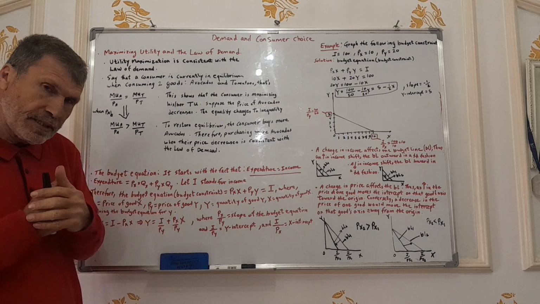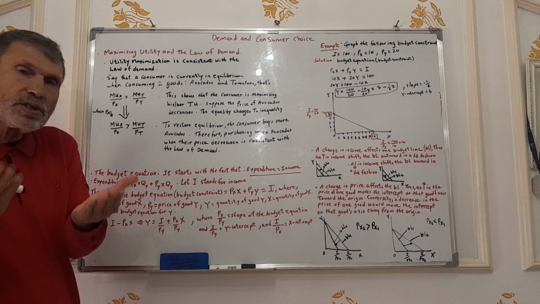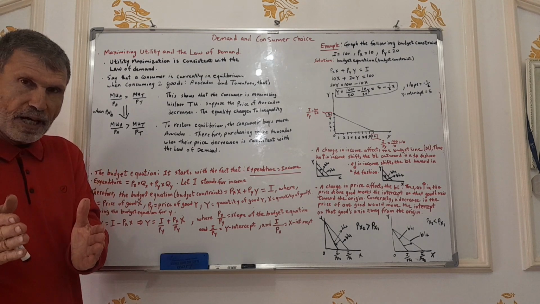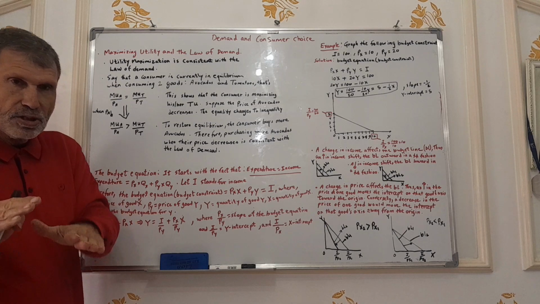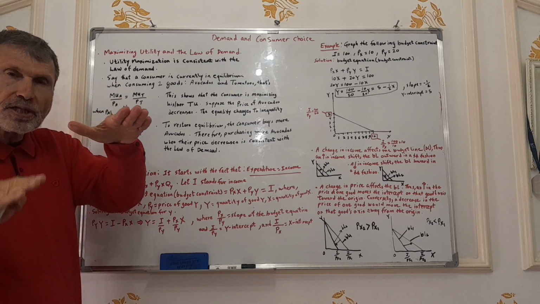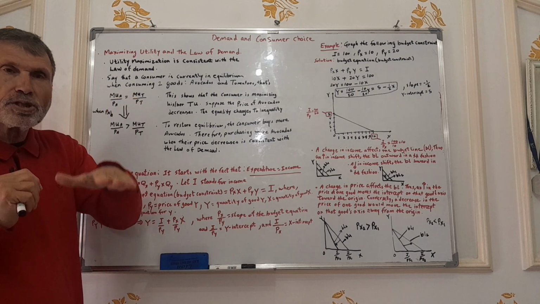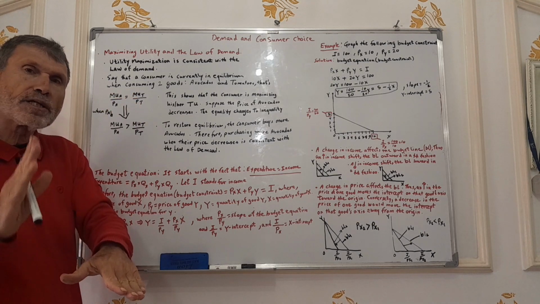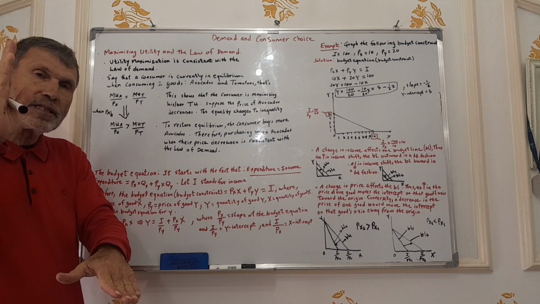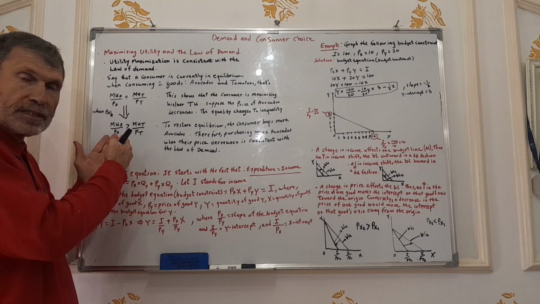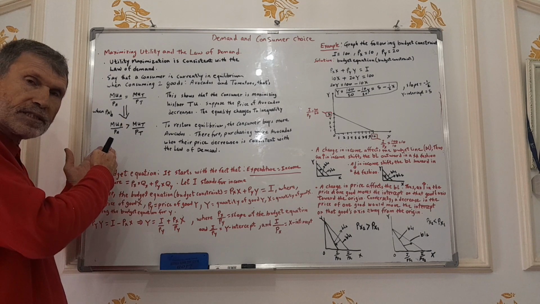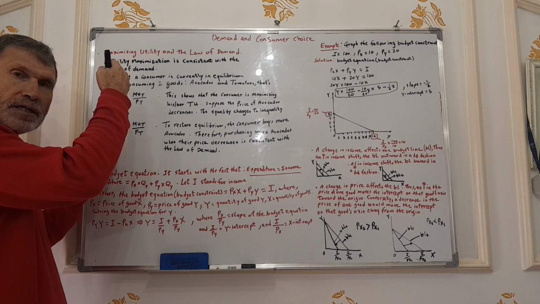maximizing total utility is consistent with the law of demand. The law of demand is very clear. When the price changes, the quantity demanded will change. When the price decreases, the quantity demanded of the good increases. So this is what we did. The price of avocado decreases, the quantity demanded of avocado increases.